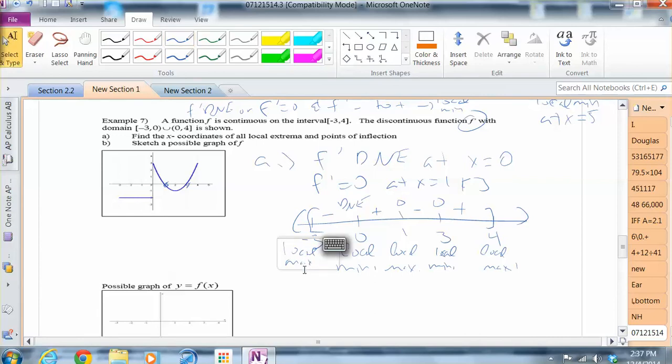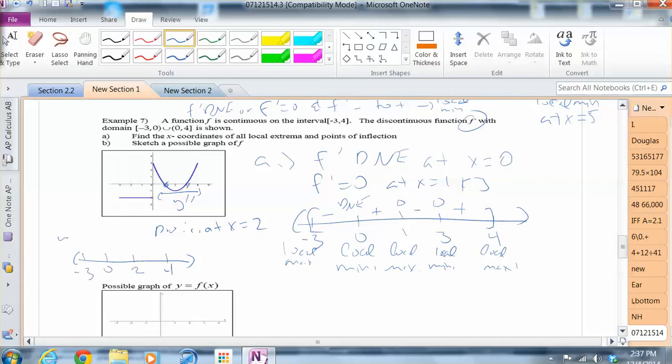And for the points of inflection, actually that's going to be at x equals 2. That's when we're taking the derivative of the derivative, right? Point of inflection at x equals 2. That's the only place where that happens. And also you want the sign to change. So if you do a sign chart for the second derivative, if we look at 2, and again, it's not differentiable at 0, and here's our endpoints at 4 and -3.